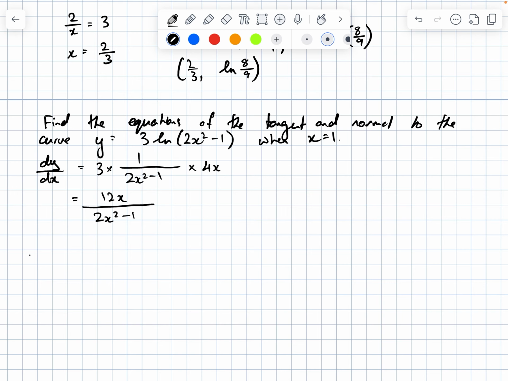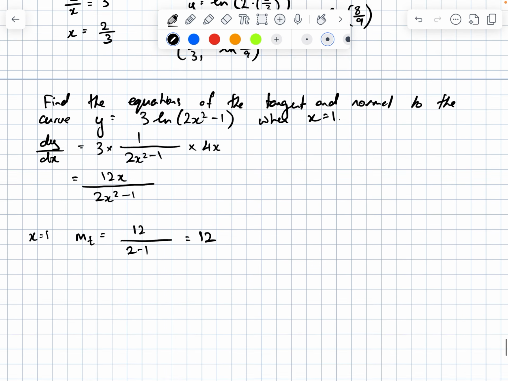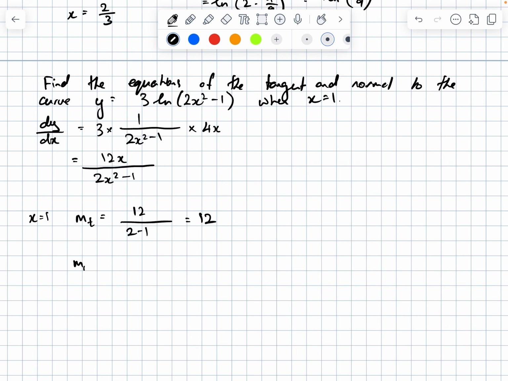Substituting x equals 1 gives us the gradient of the tangent, or 12 all over 2 minus 1, which is 12. The gradient of the normal will therefore be -1 over 12. Change the sign and find the reciprocal.